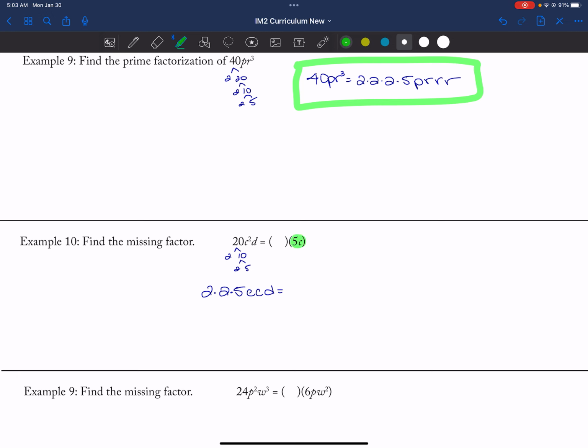So I already have a 5c, but what I'm missing to multiply is 2 2's, a c, and a d. So my missing factor is 4cd. Okay, so I highlight the ones that I already have on the right-hand side, and whatever I'm left over with is my missing factor.